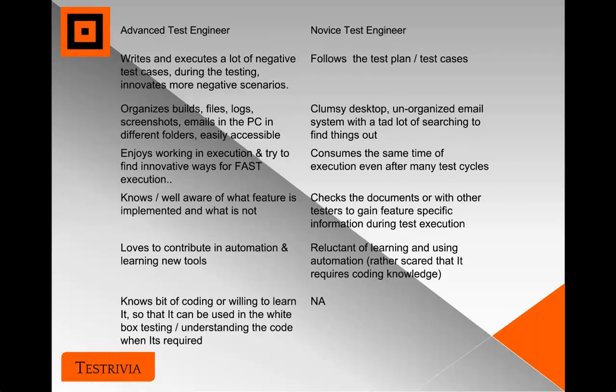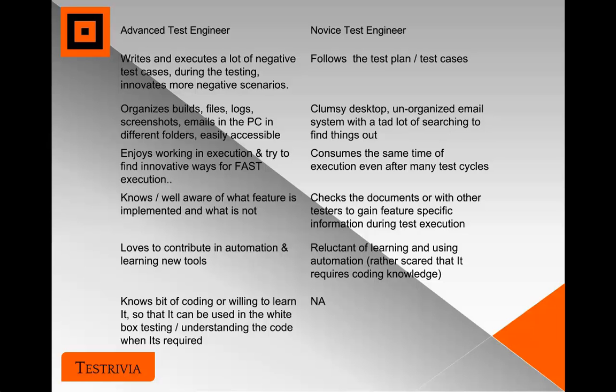Writes and executes a lot of negative test cases during the testing or before testing, and innovates more negative test cases on the go. If you only care about the positive test cases, you will not really be able to fetch any defects.